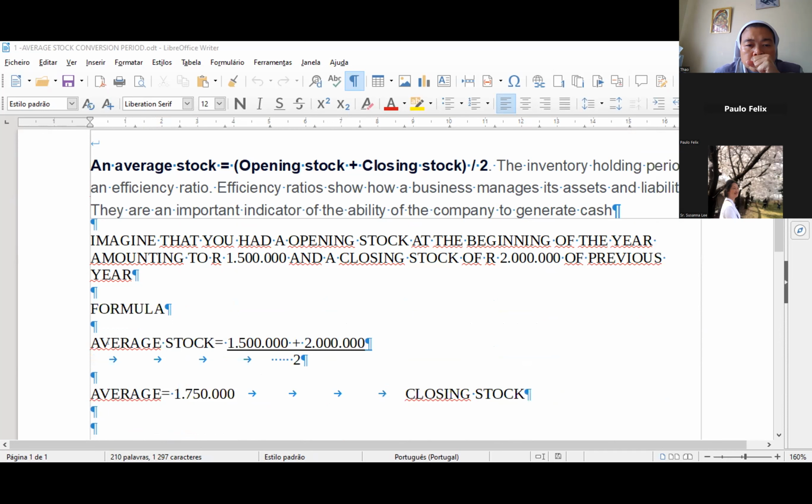The formula for the average stock is you add the closing balance plus the opening, and you divide it by 2. So if you add 1.5 to 2 million, it comes to 3,500,000. Divided by 2, you get an average stock of 1,750,000.